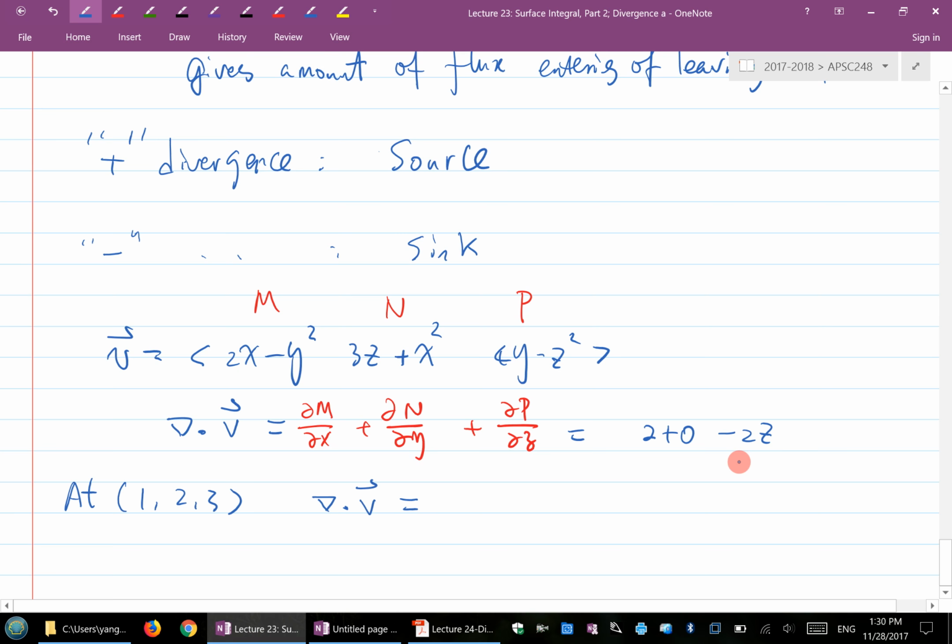We replace the z with 3, so we get negative 4. So that's the divergence of this vector field at that location, which is a negative number. So that basically means that location will function as a sink, right?